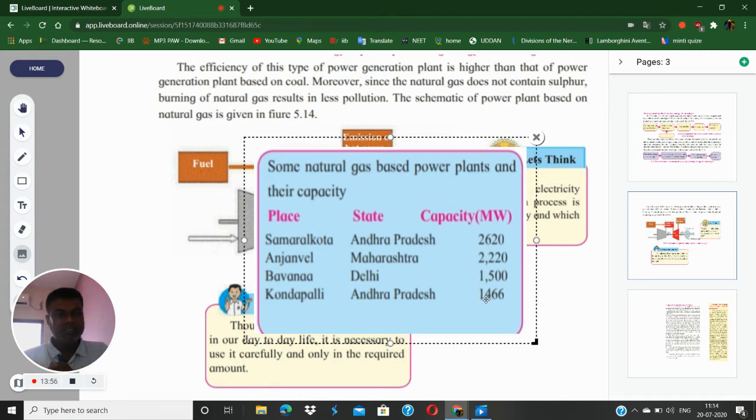It is very important to always remember it, because it will surely come in your exam. Surely one question will be asked about the power stations: their names, places, related states, and the generating electric capacity of each power station.